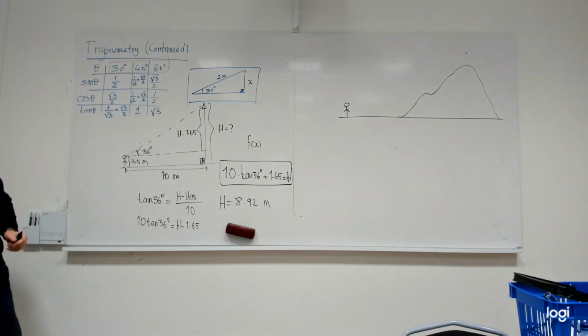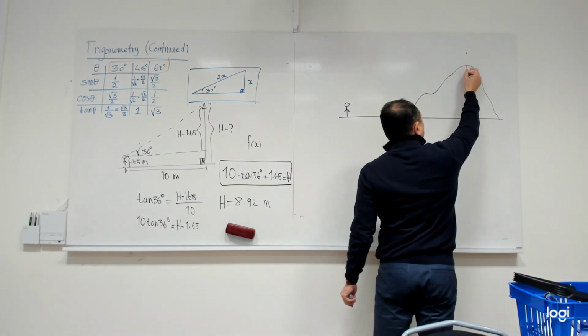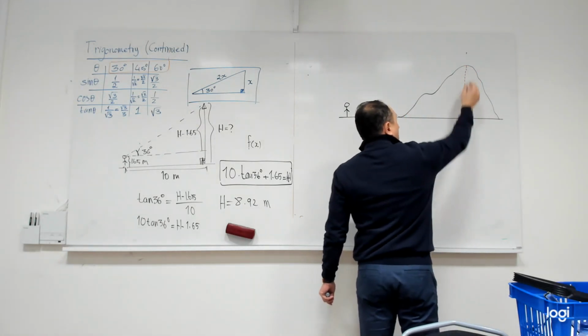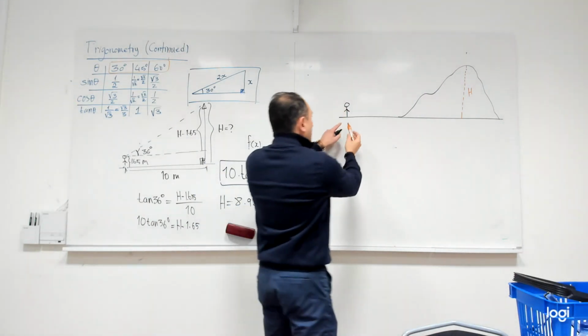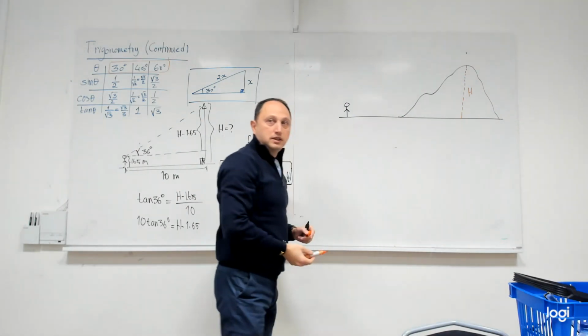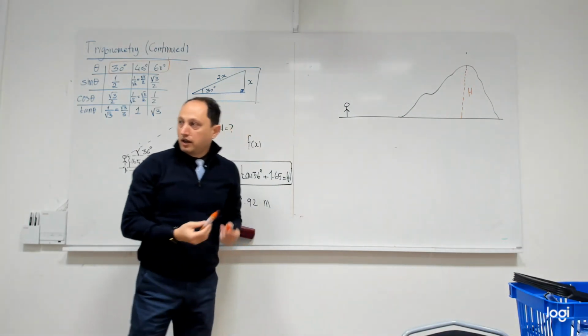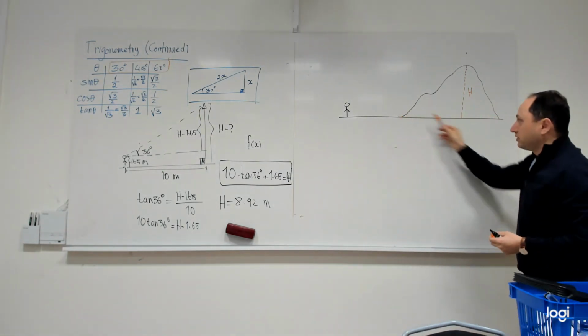In that case, where is it? In that case, it is not accessible to me. I want to find this height. Yes? So, it is useless to measure this from here to here, because that is not a right angle triangle. I have to have a right angle triangle. And that one is not accessible to me.